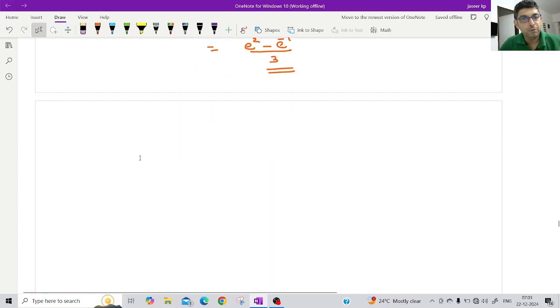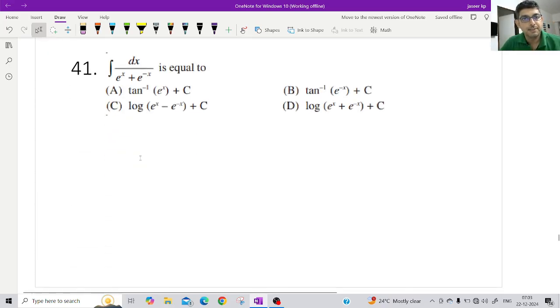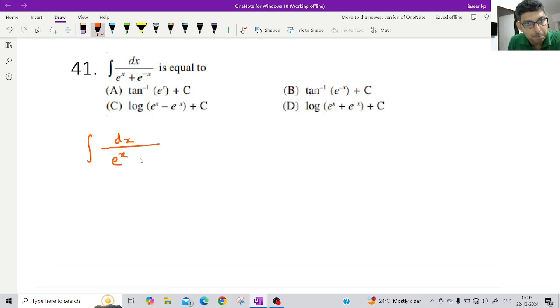Now we will move to the multiple choice questions. The last 4 are multiple choice questions. So dx by e power x plus e power minus x. So here integral dx by e power x plus e power minus x is equal to integral of dx by e power x plus, e power minus x can be written as 1 by e power x.